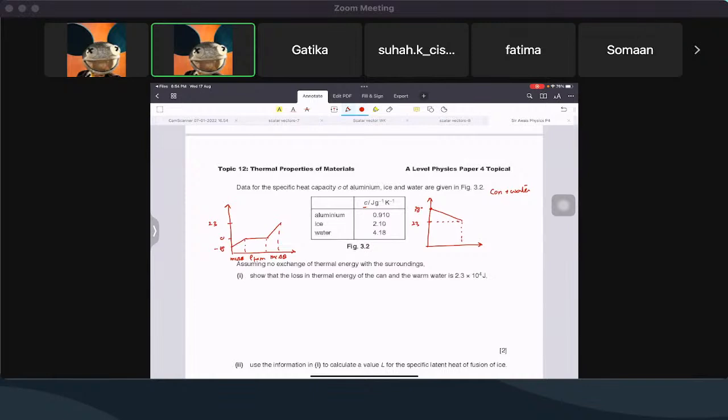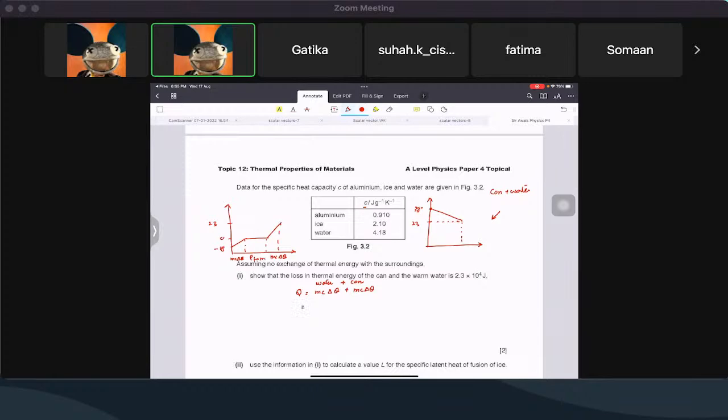It says show that the loss of thermal energy in the can and water. So it's only talking about the can and water right now, so we can only look at this one. So Q equals mc delta theta. We have to make two equations: one for water because it has a different specific heat capacity, and one for the can. So we're going to write mc delta theta for that too.